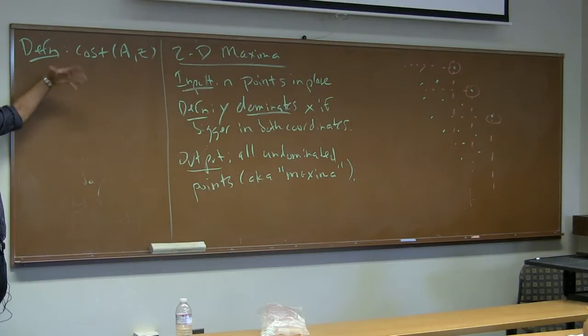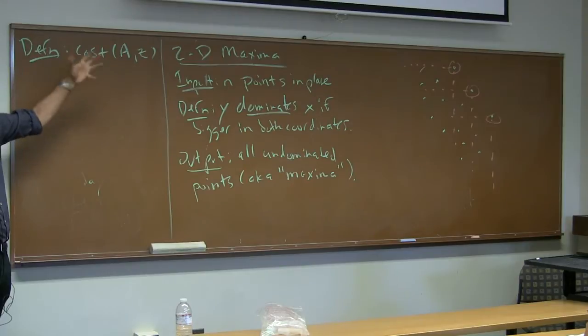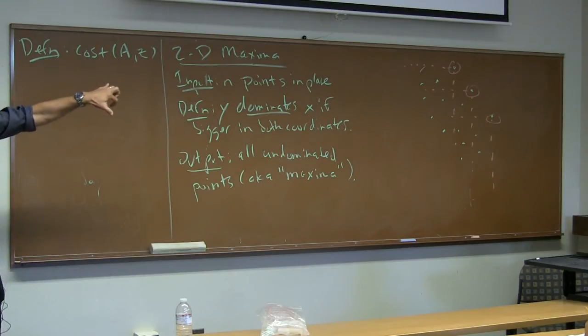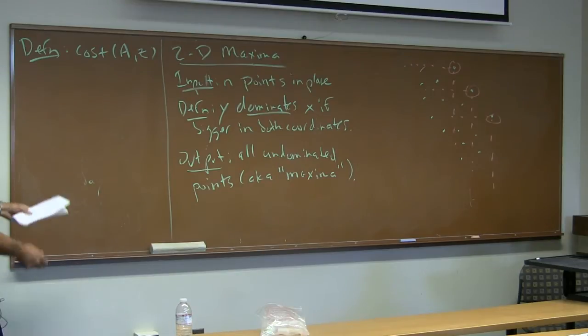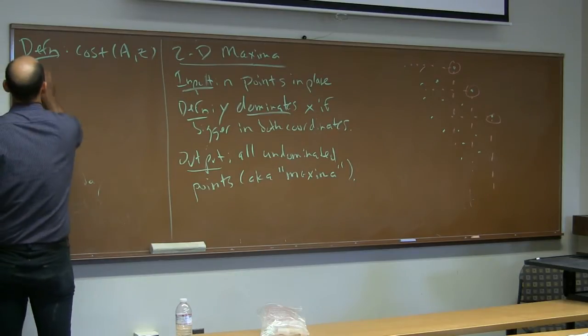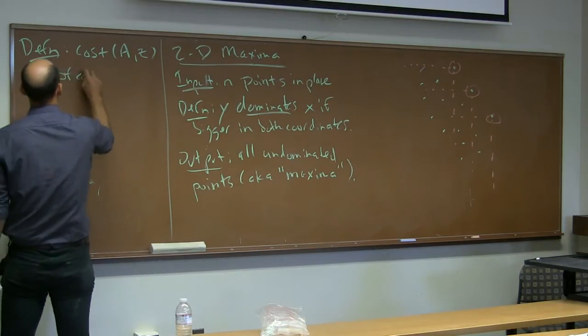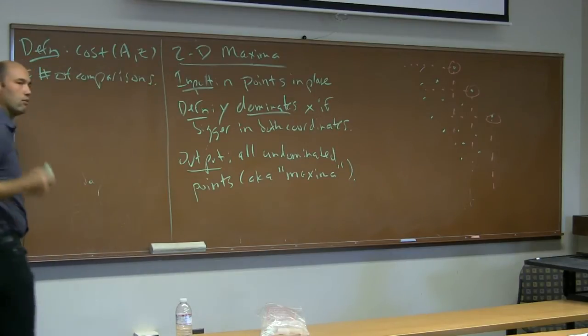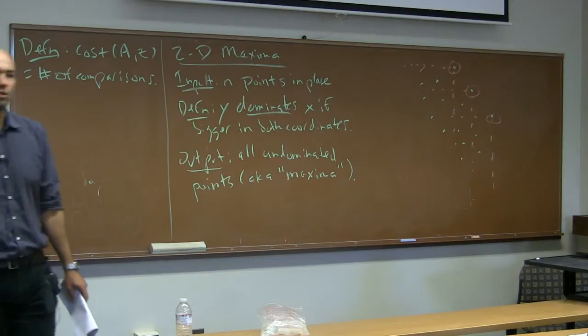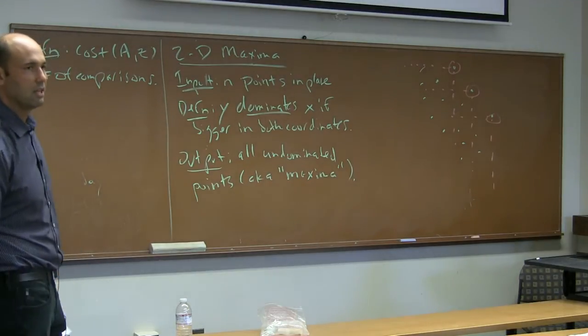Like when you study comparison-based sorting, we're just going to be counting the number of comparisons that the algorithm makes. The only way it can access the coordinates of points is through comparison. So we're not allowed to do anything like a radix sort. So the number of comparisons that algorithm A requires to correctly solve the problem specified by the input z.